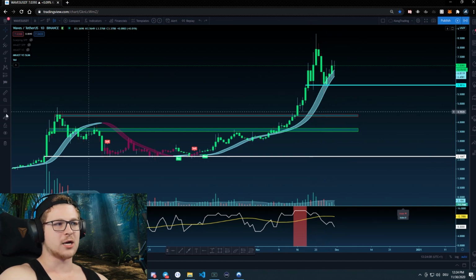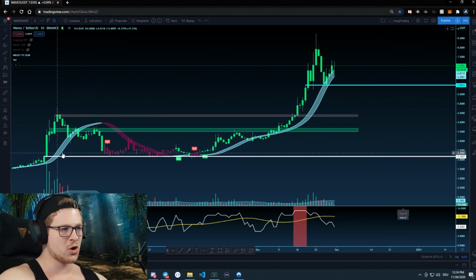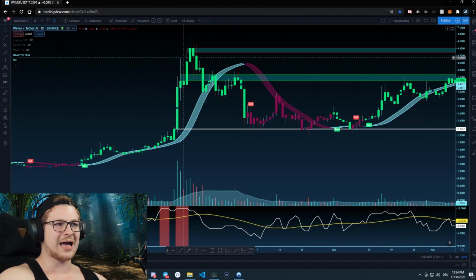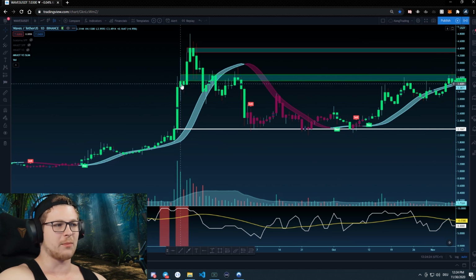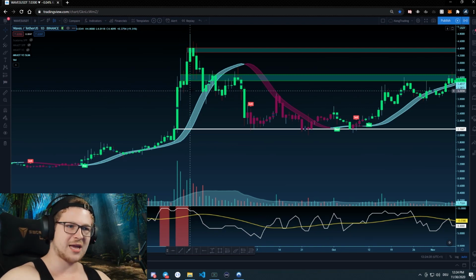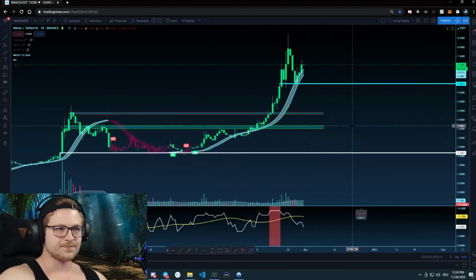Those might be shooting stars, what people also identify as a bear hammer. We can see a similar thing right here, which is a high wick to the upside, a smaller wick to the downside, and a small candle body. This is basically your bear hammer. And after you see a bearish candle like this, boom, you take profits, boom, you close out.